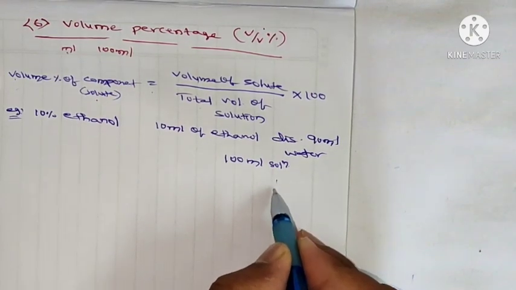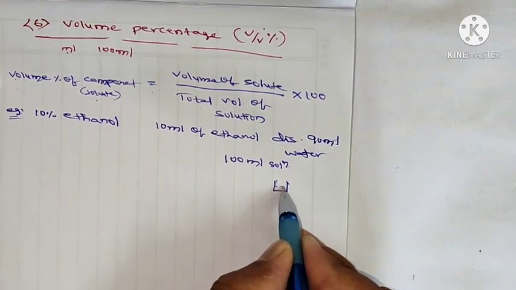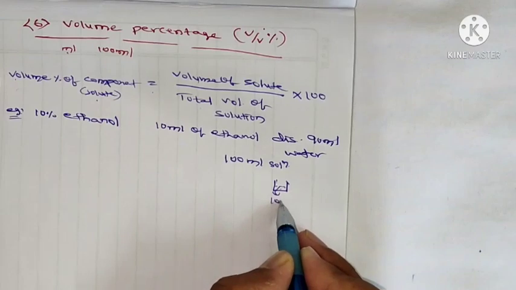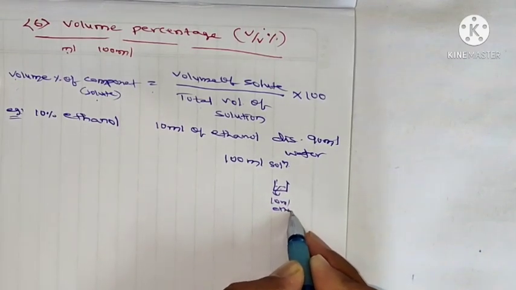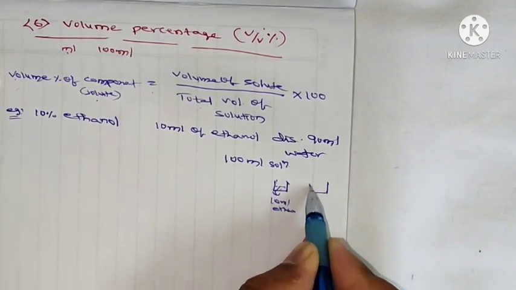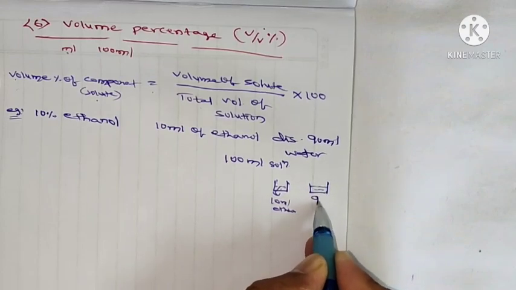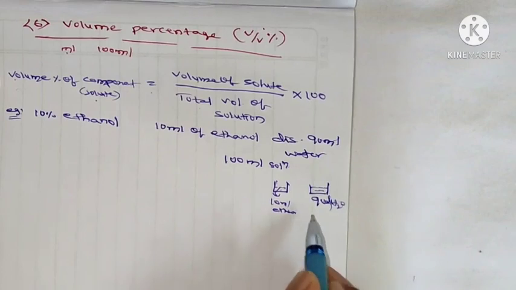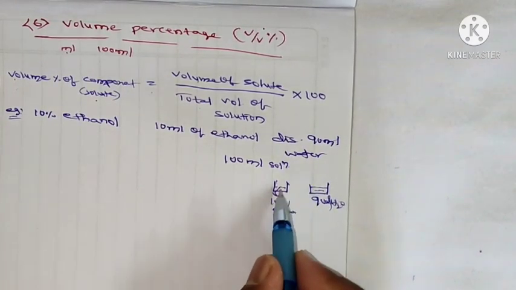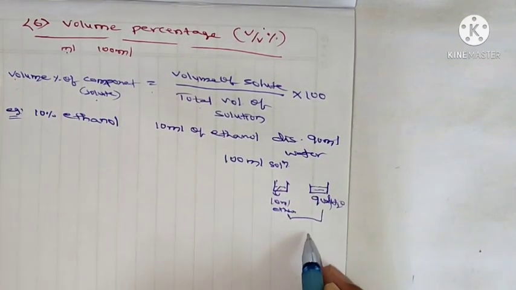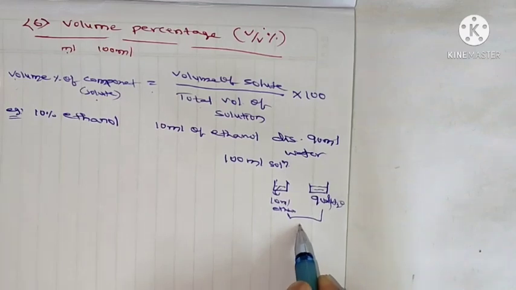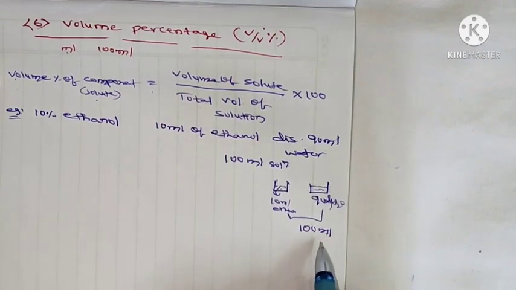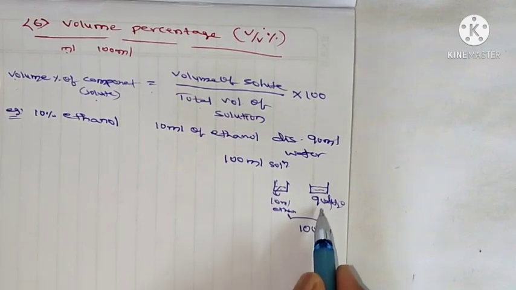Say I am taking one beaker. In that beaker I am taking only 10 ml of ethanol, and in another beaker I am taking 90 ml of water. If I combine these two, finally I get 100 ml of solution. In that 100 ml solution, there is 10 ml of ethanol and 90 ml of water.